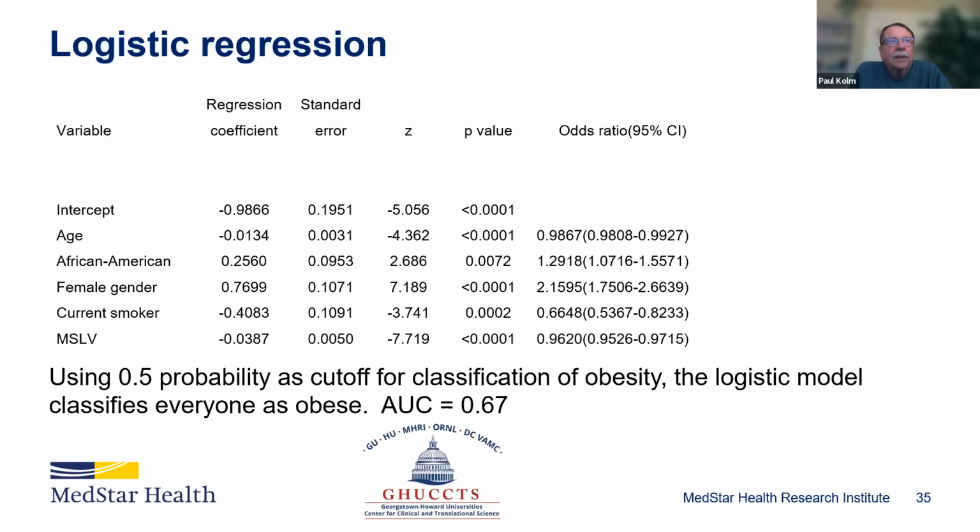However, when we go to do our classification table of obesity, defined as greater than 30 BMI units, then this model classifies everybody as obese. And our area under the curve, our C index, is only 0.67, so this is not very good with the dichotomous definition of BMI, or being overweight.